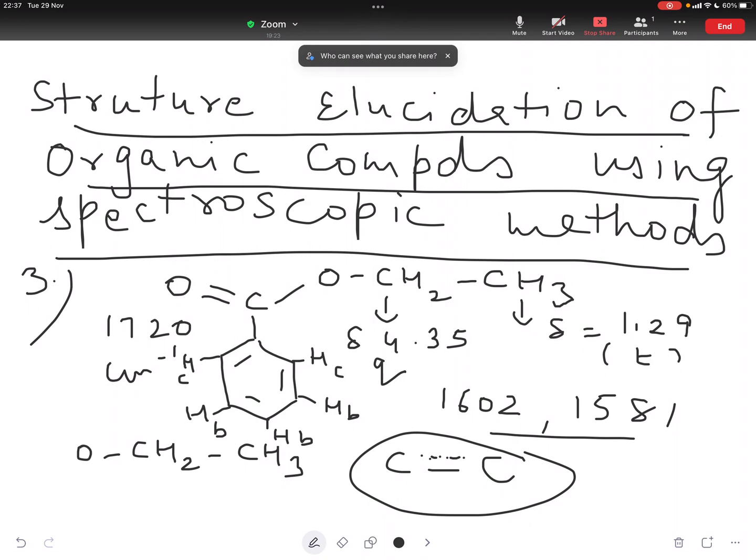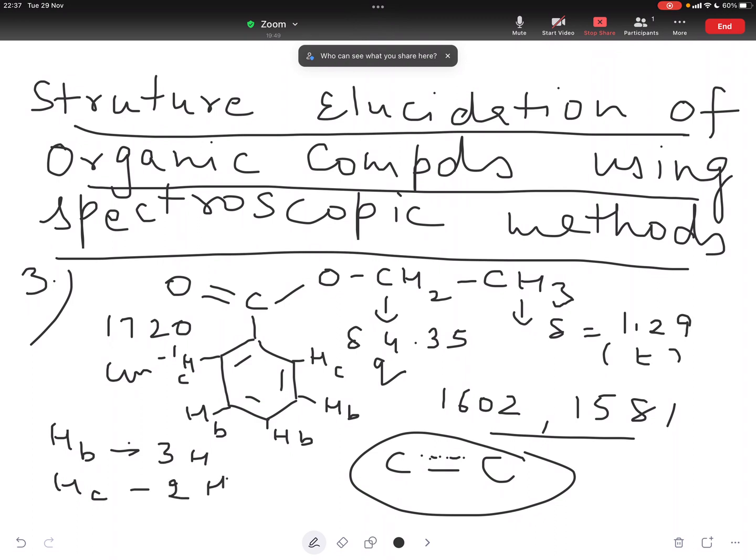These show the aromatic protons B and C. 3 protons are of one type, HB, 3 protons, and HC, 2 protons.